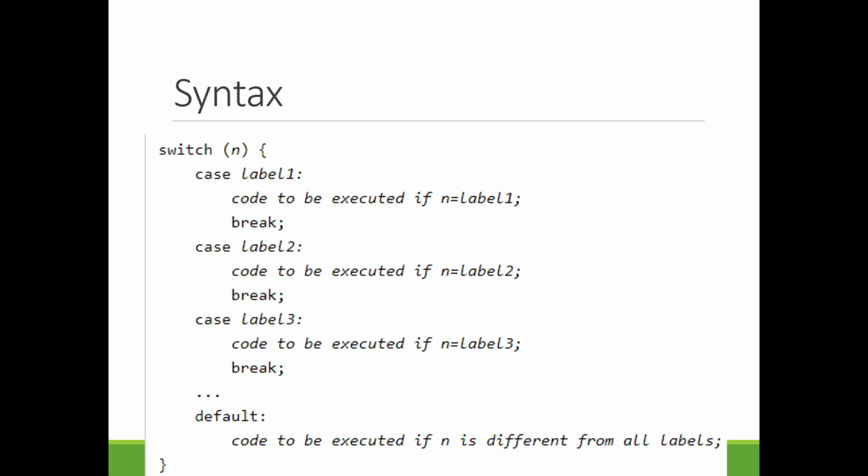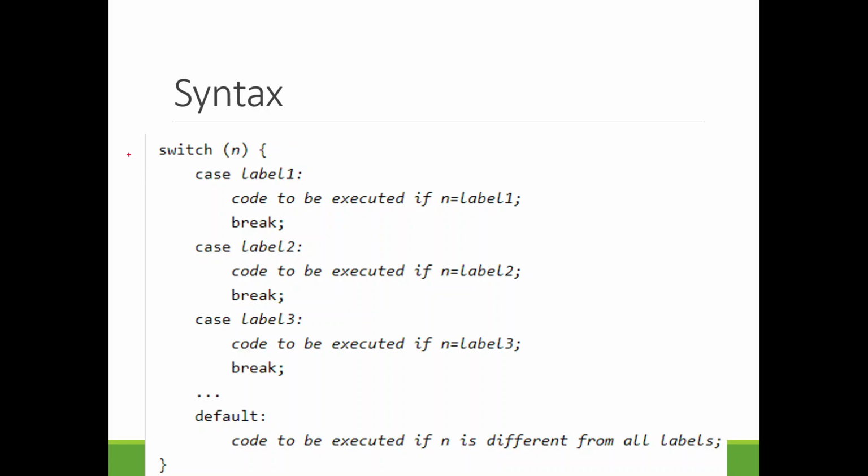For example, when you go to the ATM and you're choosing either withdraw or deposit or check balance. So depending on the option that you choose, a block of code is going to be executed. So let's find out how this is achieved.